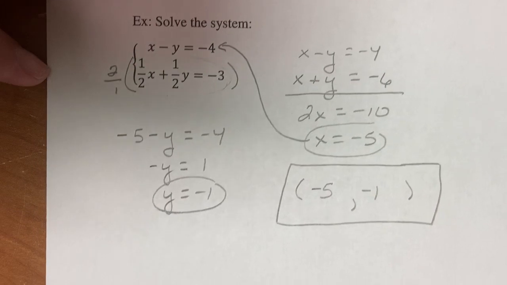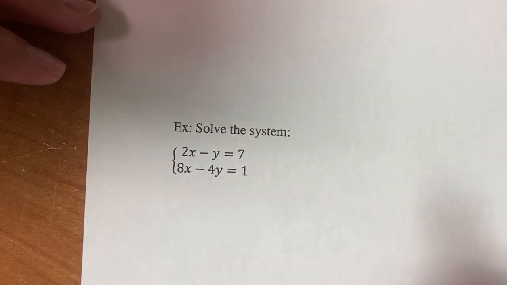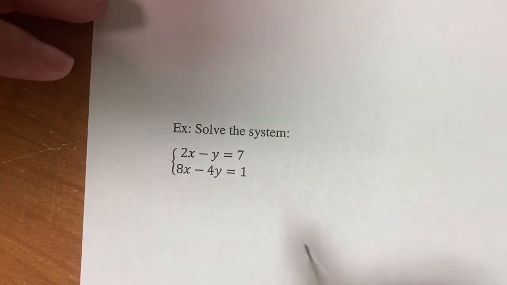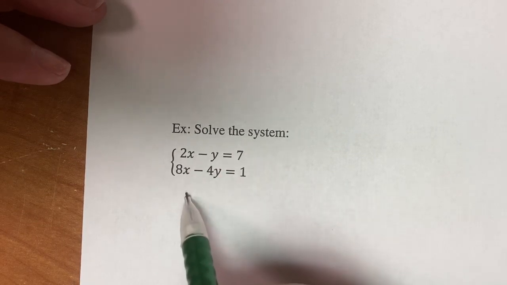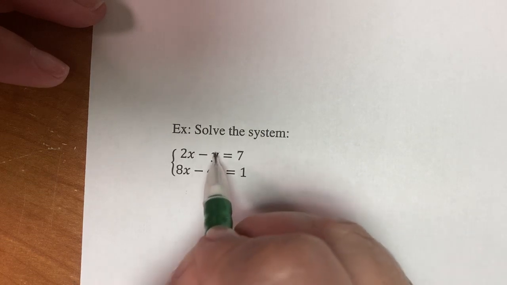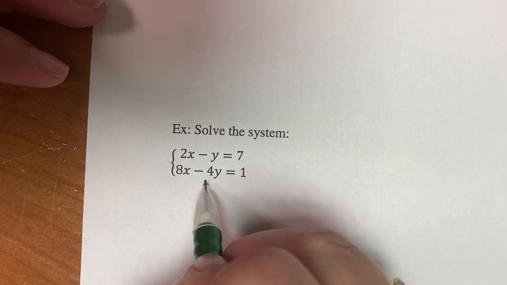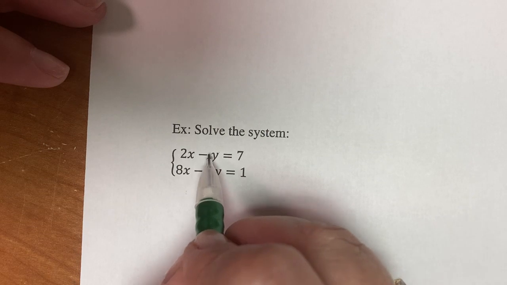Alrighty, last example. So if we look at this system right here, we're solving by addition. So if you look, nothing's going to drop out on its own. So we could do either the x's or the y's. Doesn't matter. I think I'm going to do the y's. So let's think about that. If I want the y's to drop out, since this is -4y, do you see where I would want this to be a positive 4y?